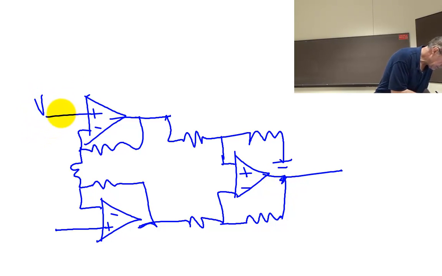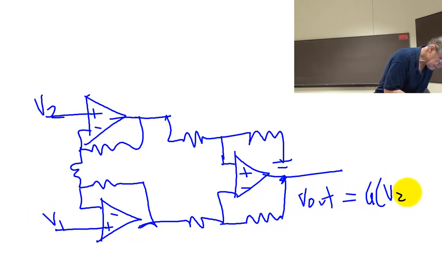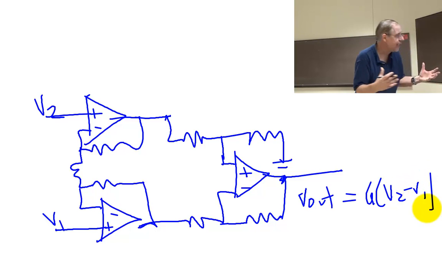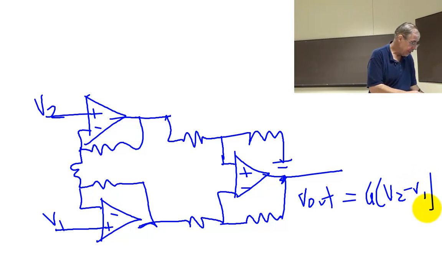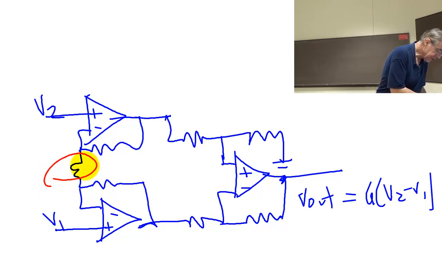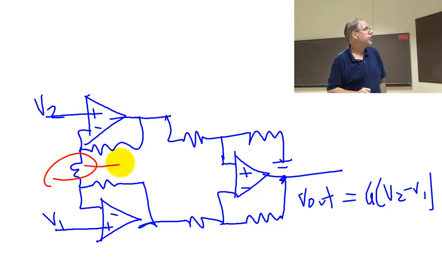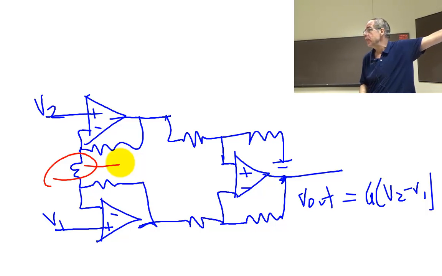V2. V out equals gain times V2. That's basically how it goes. And it turns out this resistor here is the resistor we're going to see externally. And so it has a great common mode rejection ratio. And again, I don't want you building this.